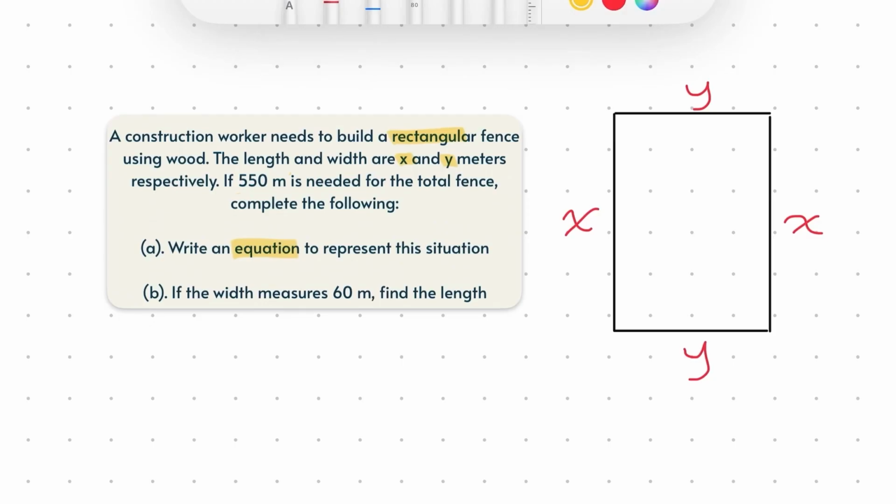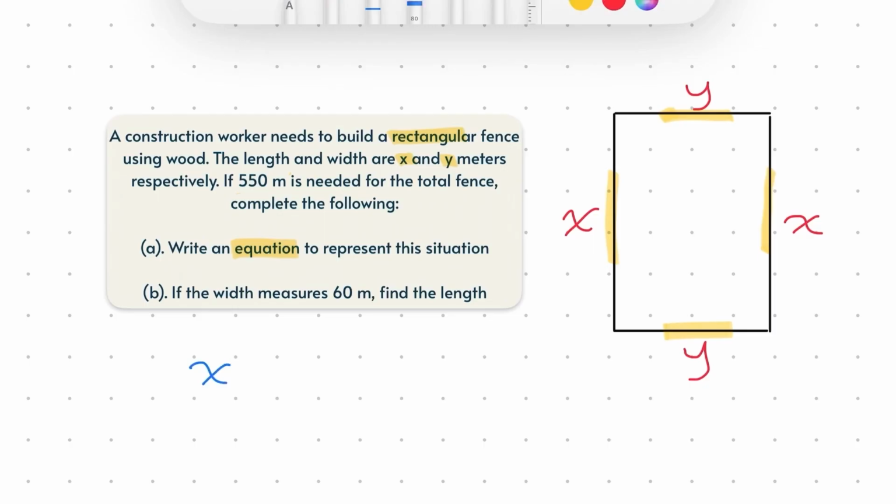Well, from the problem, we know that the construction worker needs 550 meters. This represents the perimeter of our rectangle, or the sum of all four sides. So basically, to write an equation, we are going to add all variables and equate that to 550.